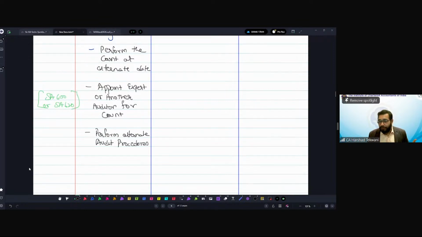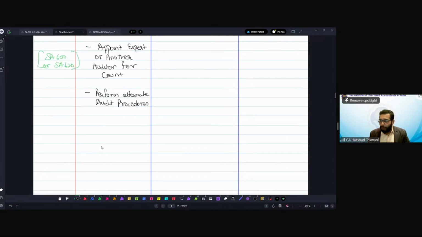So we tried to perform alternate audit procedures, but that was also not feasible, because for one year there was no movement on the inventory. If you are not able to even perform audit procedures alternately, then the last option is a modified opinion, as per SA 705.